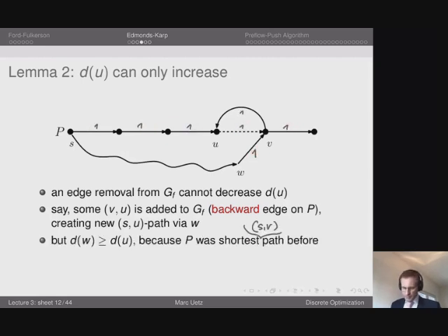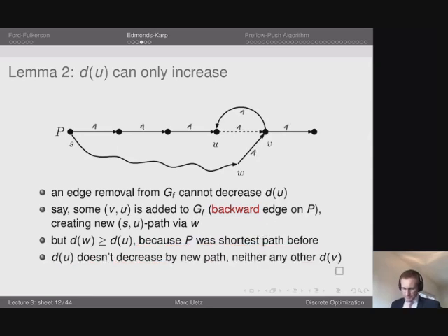Okay, so that is the argument. The distance label of W is larger or equal than the distance label of U because P was the shortest SV path before. So therefore, this new path actually does not decrease the distance label of U. So we do not create any shorter SU path by introducing this backwards edge here.